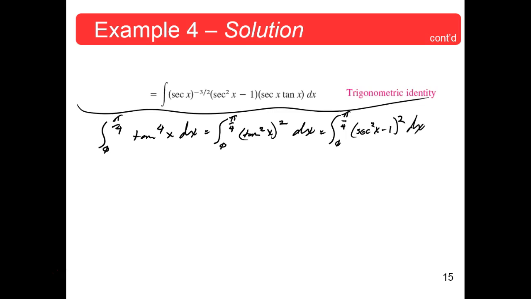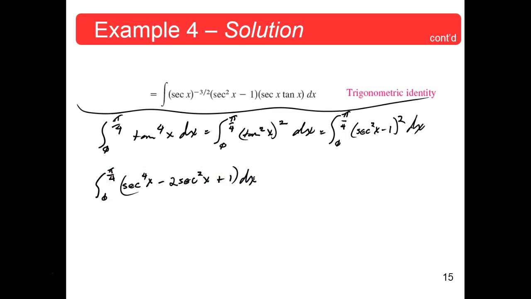All right. That will be the integral from 0 to pi fourths, and expand that binomial. Secant fourth x minus 2 secant squared x plus 1 dx.